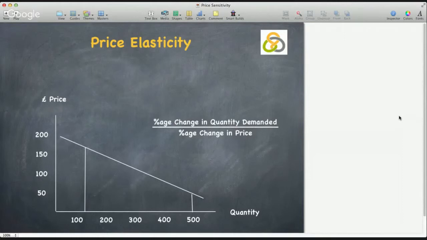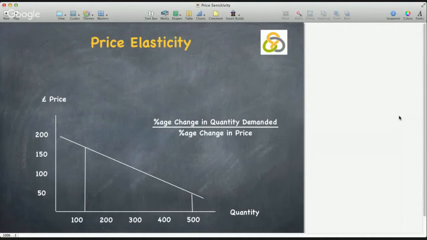So if you divide the 10% decrease by the 20% increase in price, you get 0.5. In the elasticity calculation, the plus or the minus is irrelevant. It matters not. The elasticity of demand is the measure of marketing success.